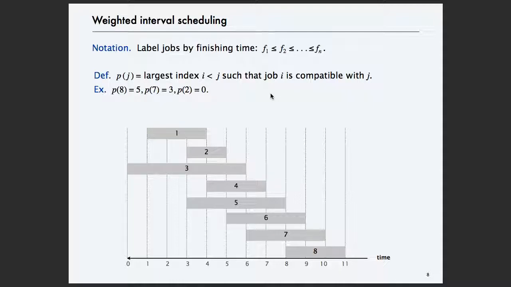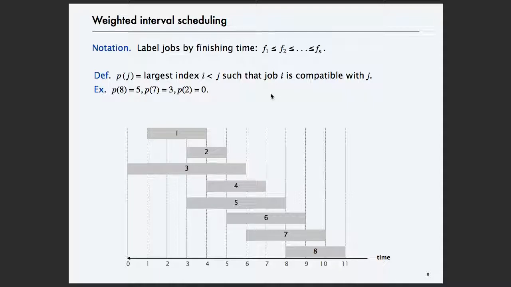That's what P of J tells you, the jobs that are compatible. So 1, 2, and 3 are compatible with 7, right? So in order to calculate the optimal solution for the job that includes 7, it is the weight of 7 plus however much the optimal solution is for those 3 guys. Does that make sense? It's not time, it's jobs, right?